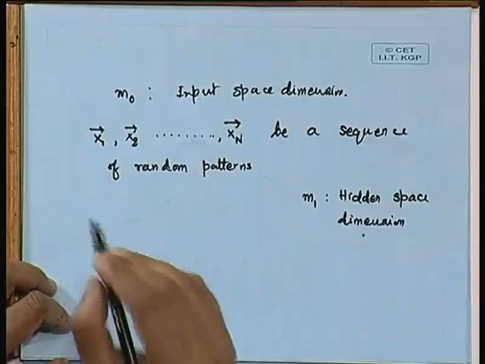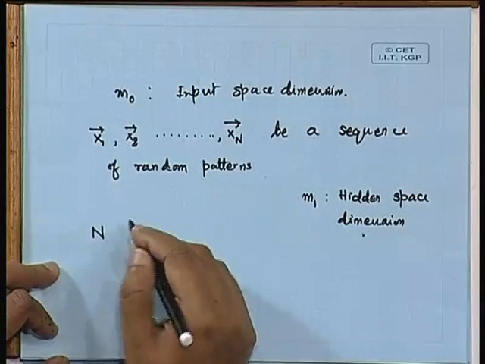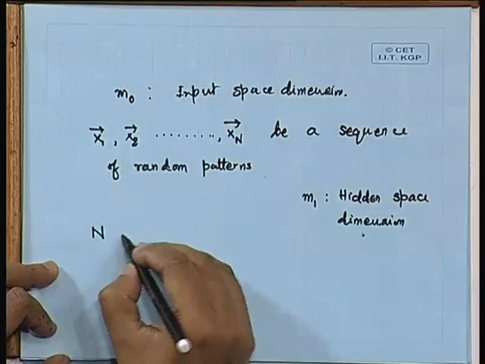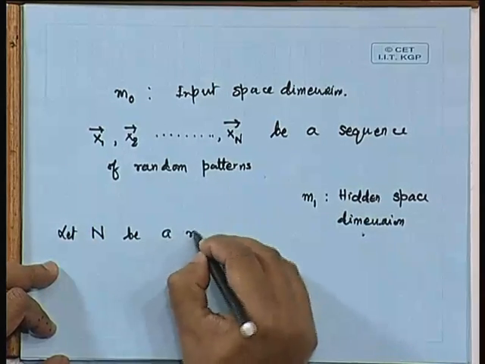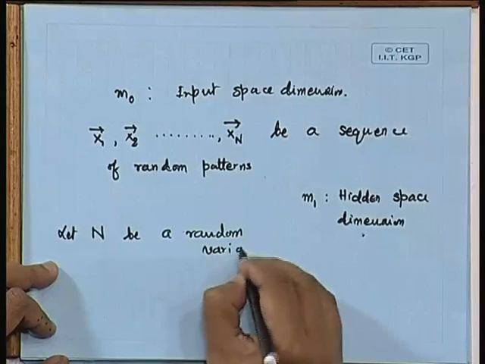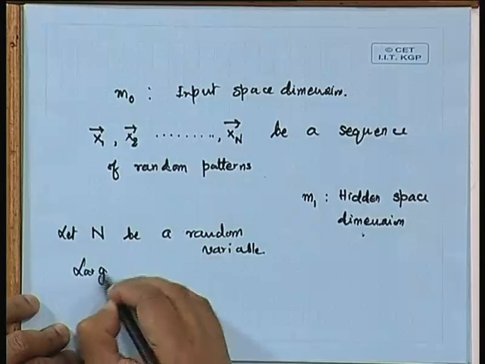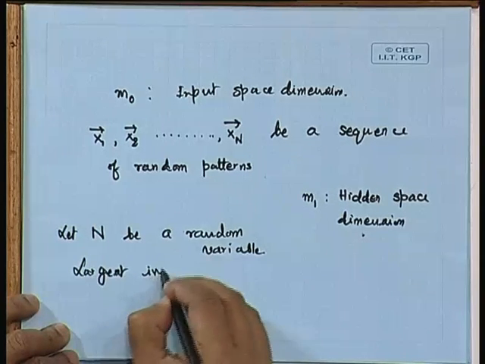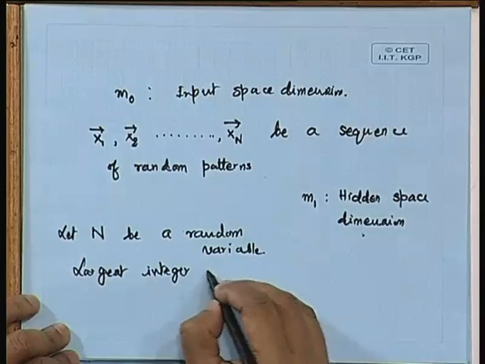So, what we are going to do is take n itself to be a random variable. Let capital N be a random variable, and how is it defined? It is defined as the largest integer such that this sequence is phi separable.